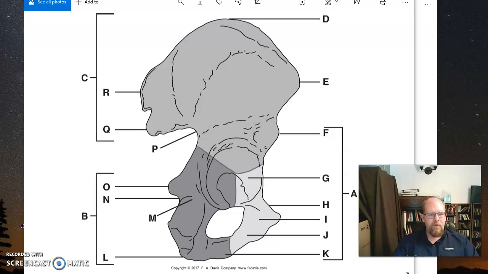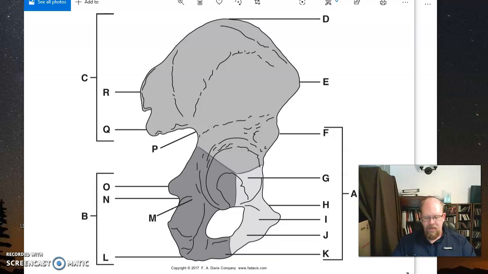From there, if we move to the letter R, that is the posterior superior iliac spine, or PSIS. Q is the posterior inferior iliac spine, PIIS.